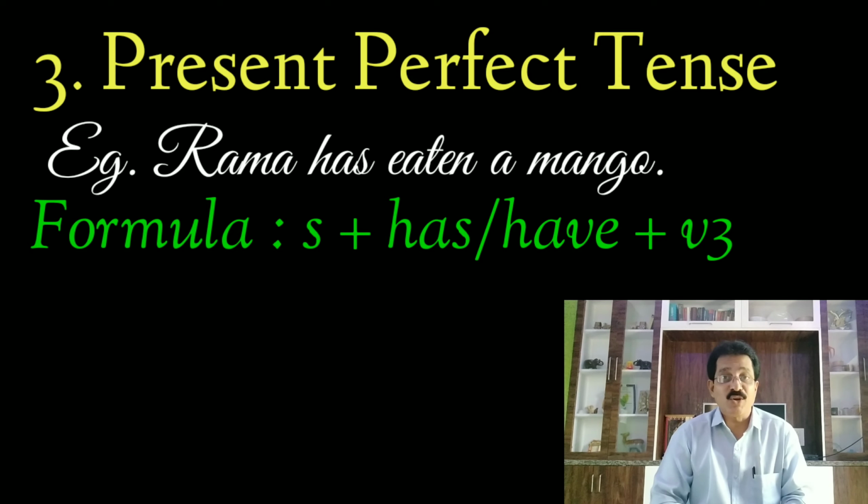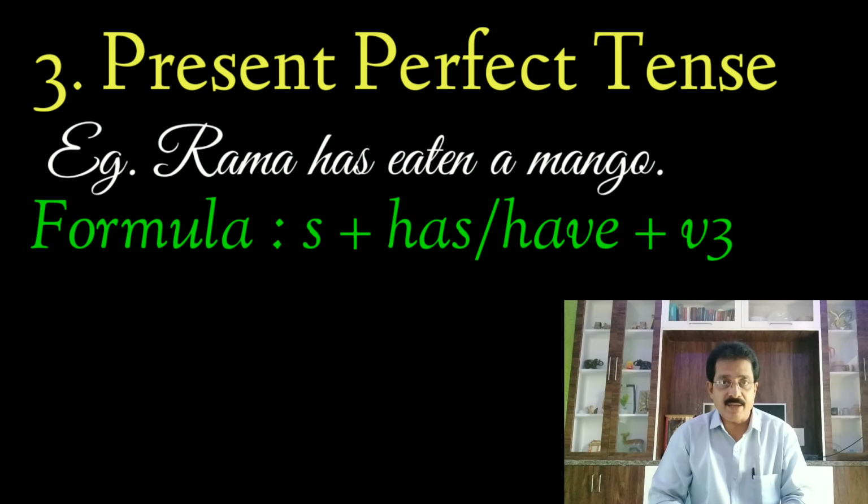He has, she has, it has, Rama has, Ravi has, not with any other subject, any other person. And have is automatically used with all the other persons: first person singular and plural, second person singular and plural, and third person plural. Have is used. Now when do we use it?